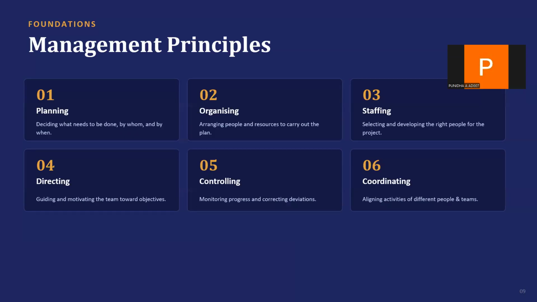Management principles. Let's zoom out for a second and talk about the fundamental principles of management that underpin all these six classic functions: planning, deciding what needs to be done by whom and by when; organizing, arranging people and resources to carry out that plan; staffing, selecting and developing the right people for the project; directing, guiding and motivating the team toward the objective; controlling, monitoring progress and correcting any deviations; and coordinating, aligning the activities of different people and teams so everyone moves together.